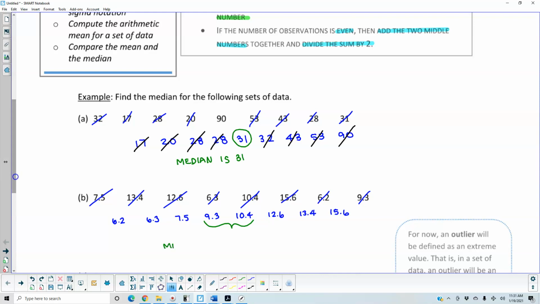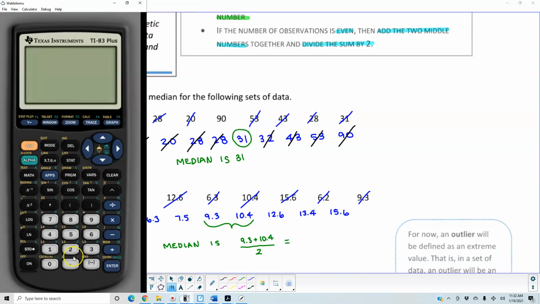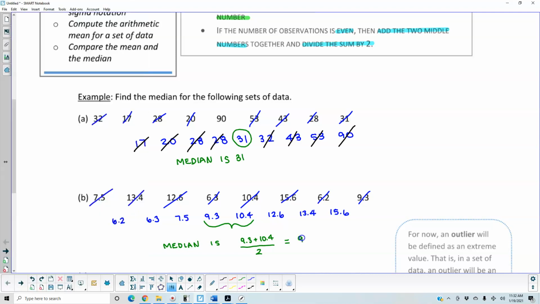So to find the median, we take 9.3 plus 10.4 and then divide that by 2, which gives us 9.85.